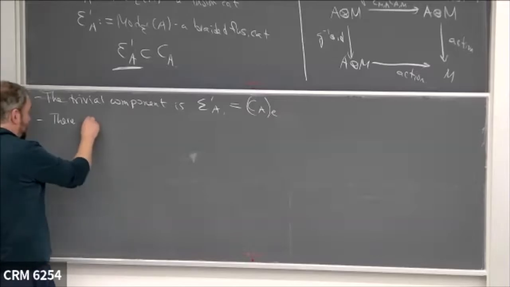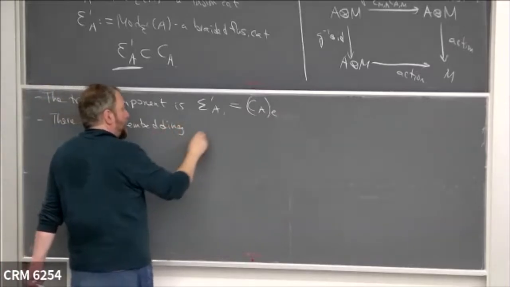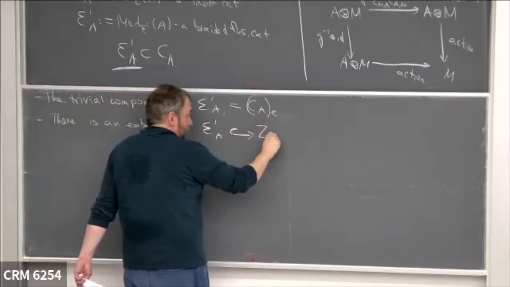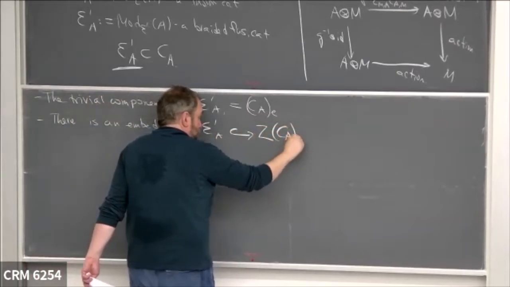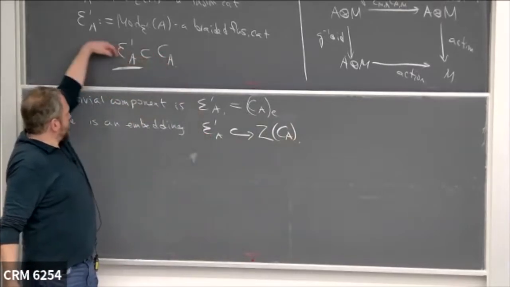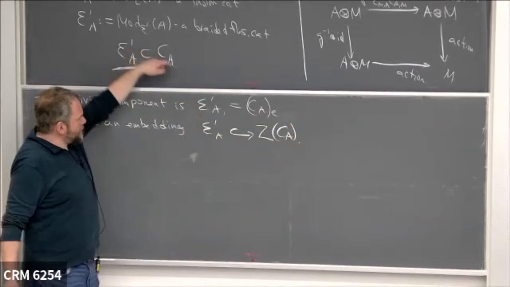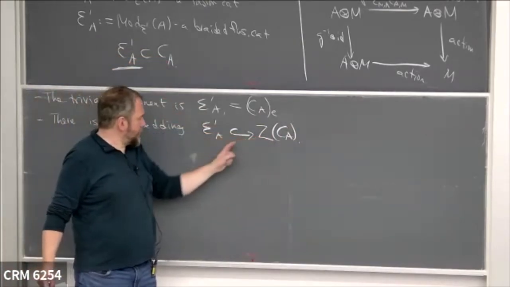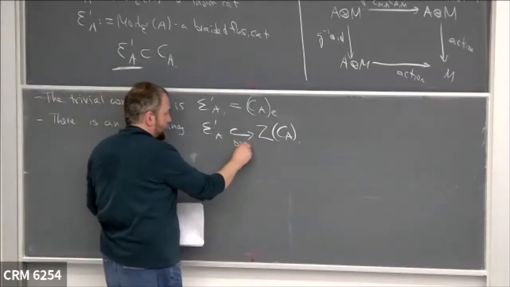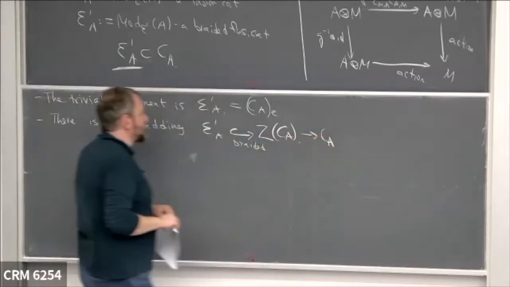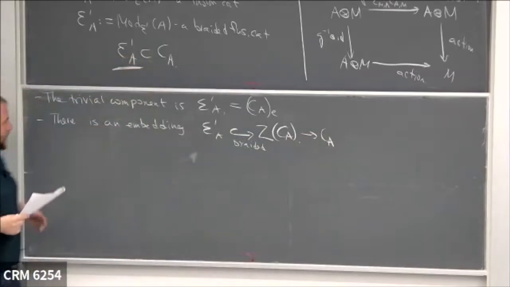There is an embedding of this trivial component into the center of C_A. So you see it's braided, and the embedding into C_A factors through a braided embedding into the center, like this. In other words, this factors through the central braided functor to the center.